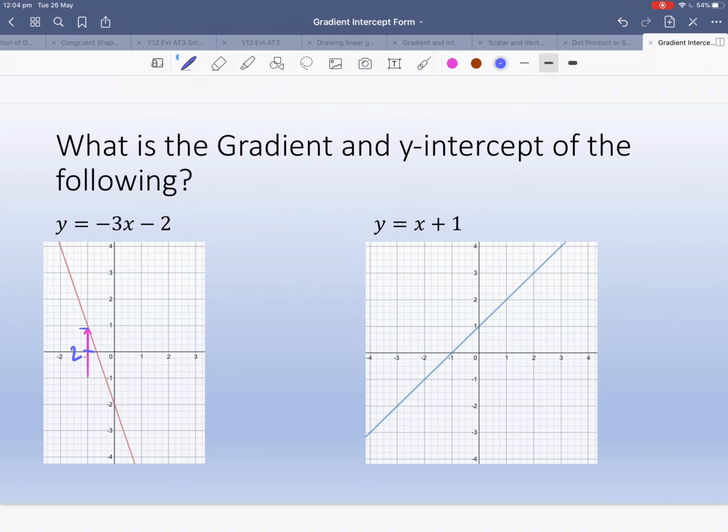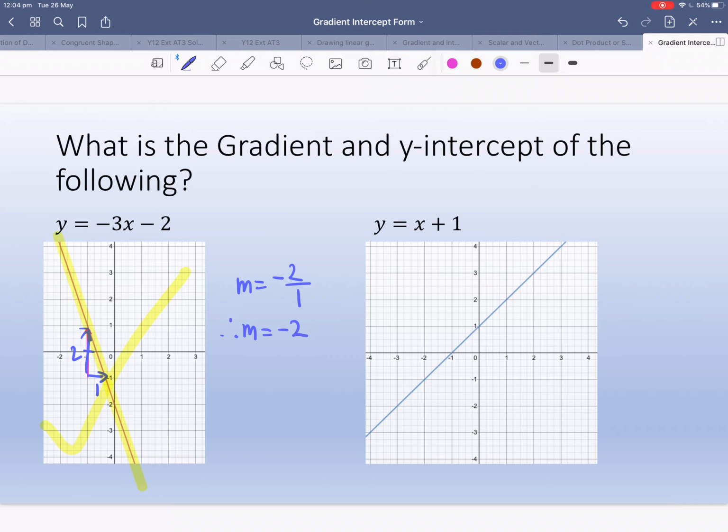It rises 2, and it goes across 1, okay? So I'm going to write that down. Gradient equals 2 over 1. The next thing I need to look at, is it a tick or is it a cross? It looks like it's a cross, so that means it's negative, okay? So therefore our gradient, which we give m, equals -2.